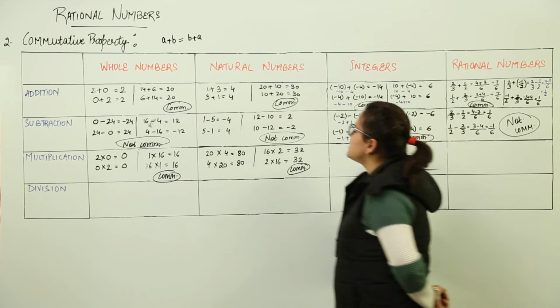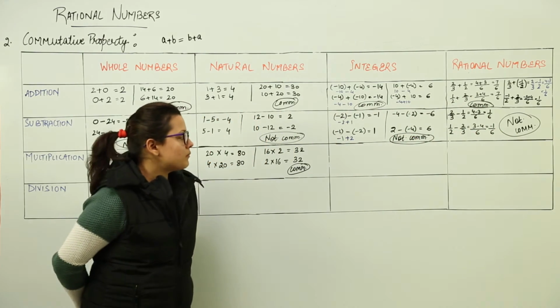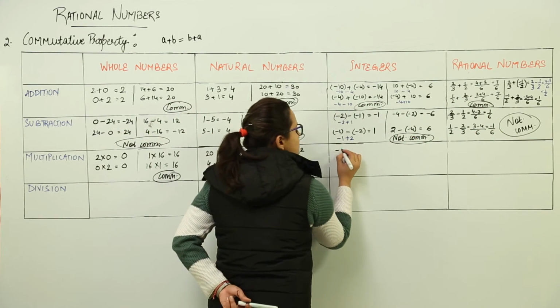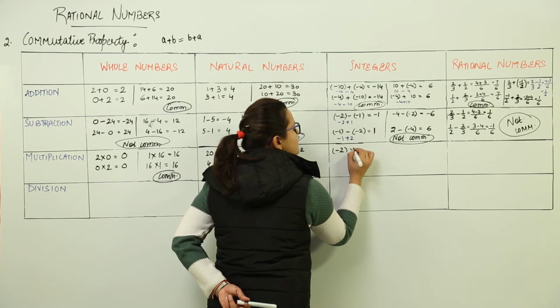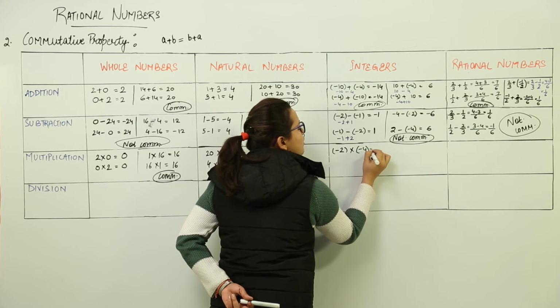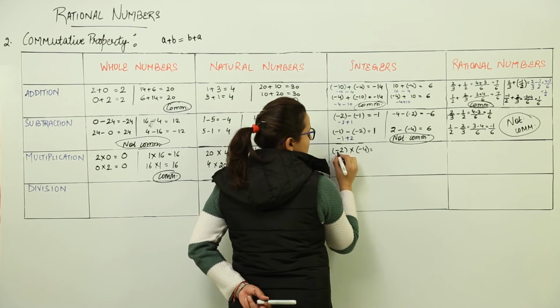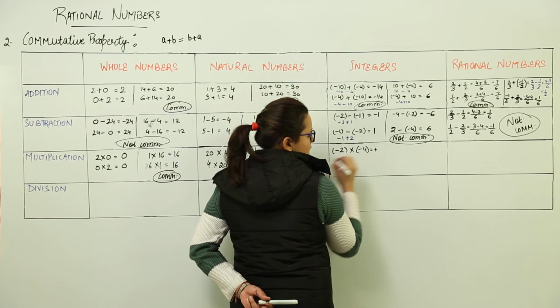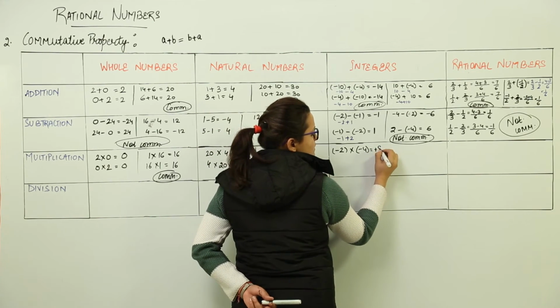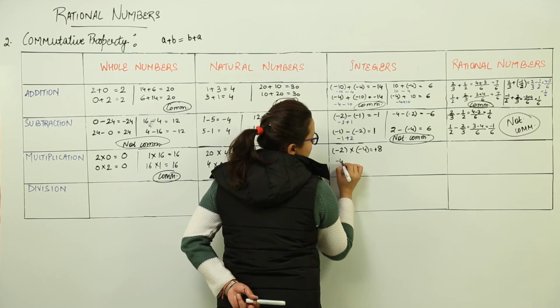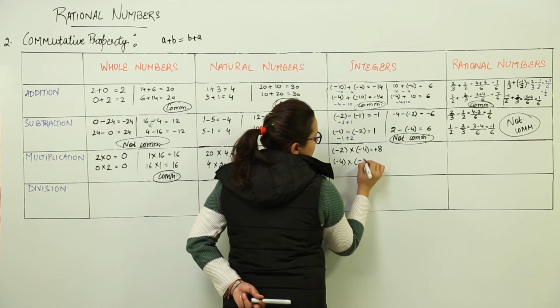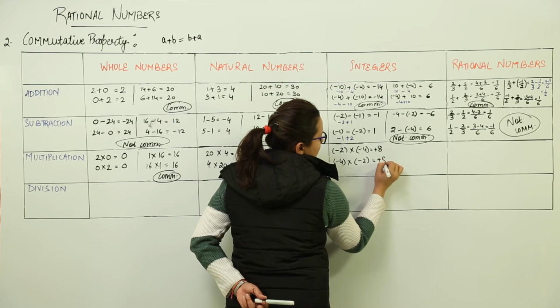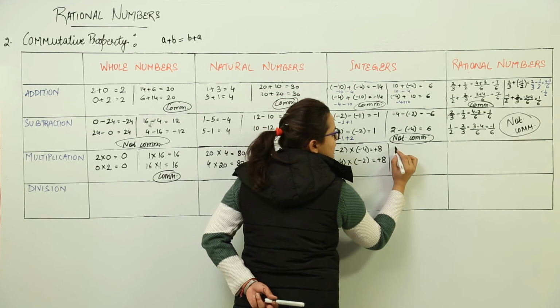Let us discuss integers and rational numbers now. Take any two integers, minus 2 and minus 4. What will be my answer? The minus and minus becomes plus, 2 into 4 becomes 8. If you reverse the order, it becomes 8 only. What will be the next case?